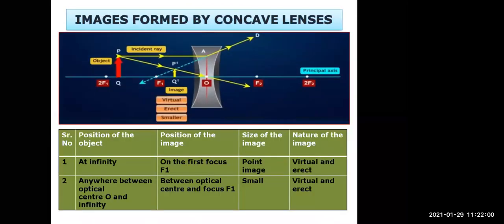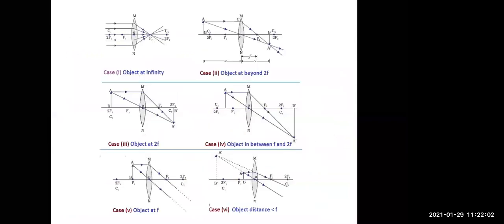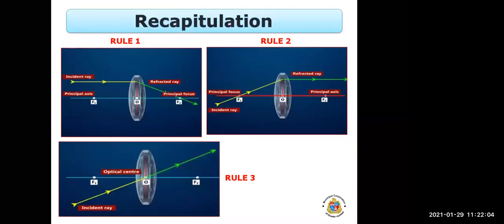So in short, let's recap. These rules are very important for how images are formed by the convex lens. The first rule: whenever the incident ray is parallel to the principal axis, the refracted ray will pass through the principal focus.